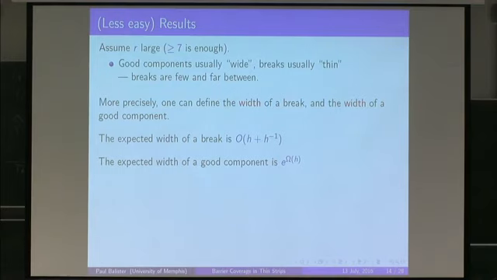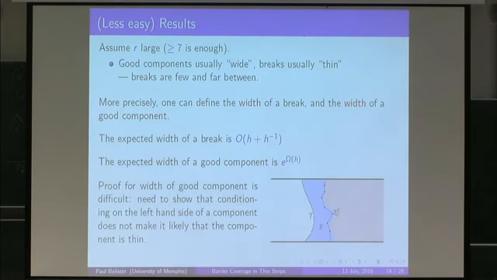And the expected width of a good component is at least exponential. By the way, these don't include R, but these are very, very weak statements, but we need them because we need the good components to be much wider than the breaks. But one could prove in theory much stronger results.